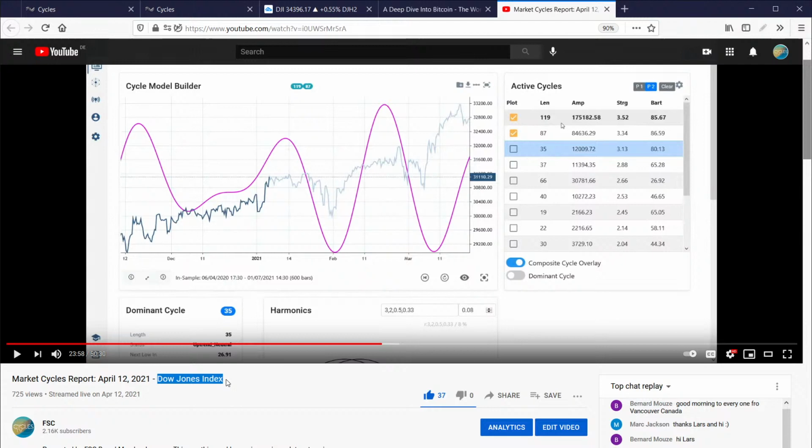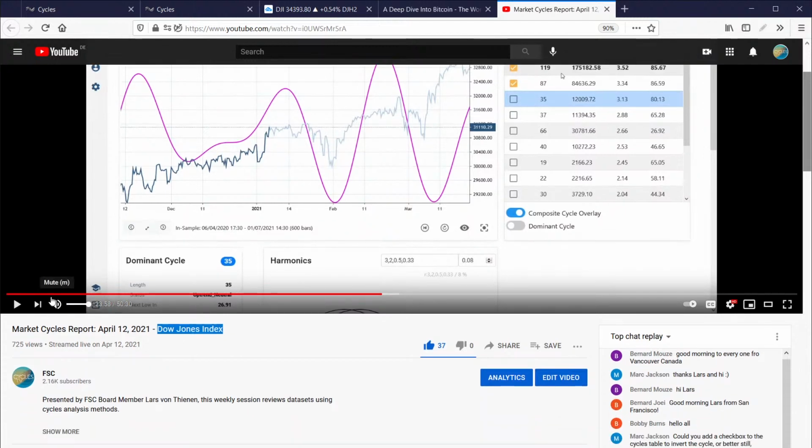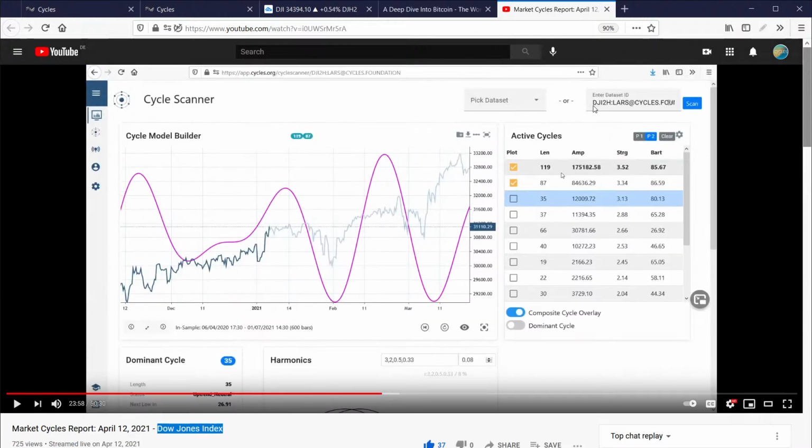I reviewed a lot of cycles on the Dow Jones Index, but just to highlight, around minute 20-something I showed you how to upload a 2-hour chart on the Dow Jones Index. We reviewed some cycles, how they worked in January and March. I also explained that there seems to be a prominent cycle around 87 and 119 on this 2-hour time frame. That was the review we did back in April.